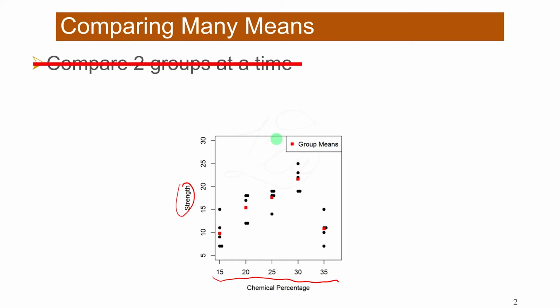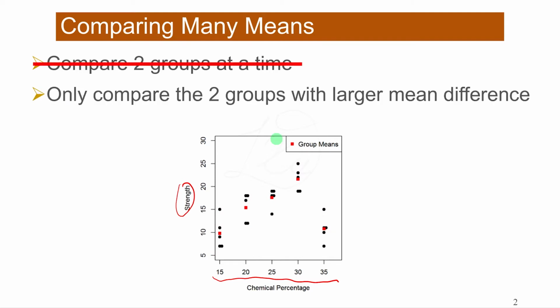So this doesn't work. Another attempt may be, how about we examine the data first, and it looks like this group and this group are different. Let's just compare these 2 groups and see if the addition of the chemical impacts the strength. The primary issue here is that we are inspecting the data before picking the groups that will be compared.